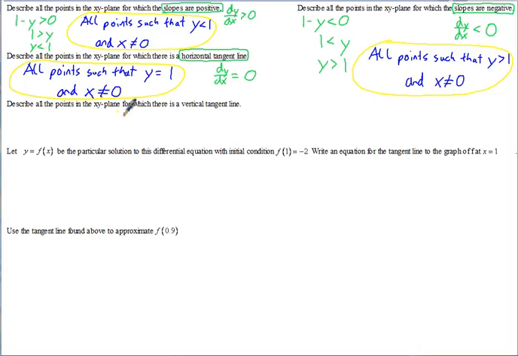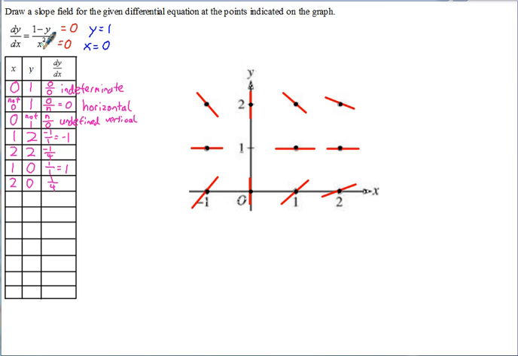Then let's describe all the points in the xy plane for which there's a vertical tangent line. A vertical tangent line, again, means the derivative is undefined. So the denominator has to be 0. That would be when x is 0.